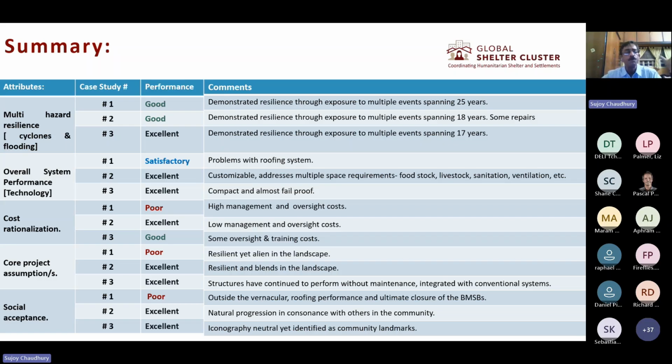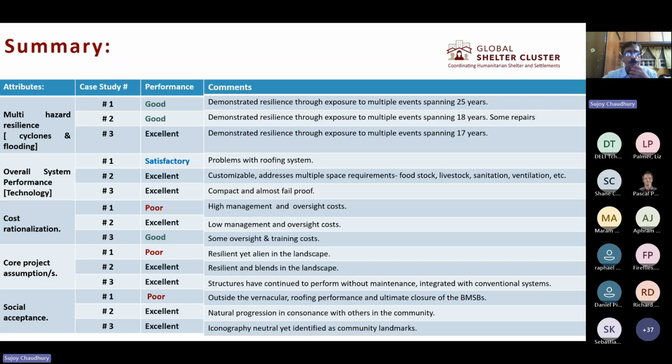So on the first, all 3 did well in terms of resilience. In all 3 case studies, all the houses, buildings, etc., are still standing. They're performing well.